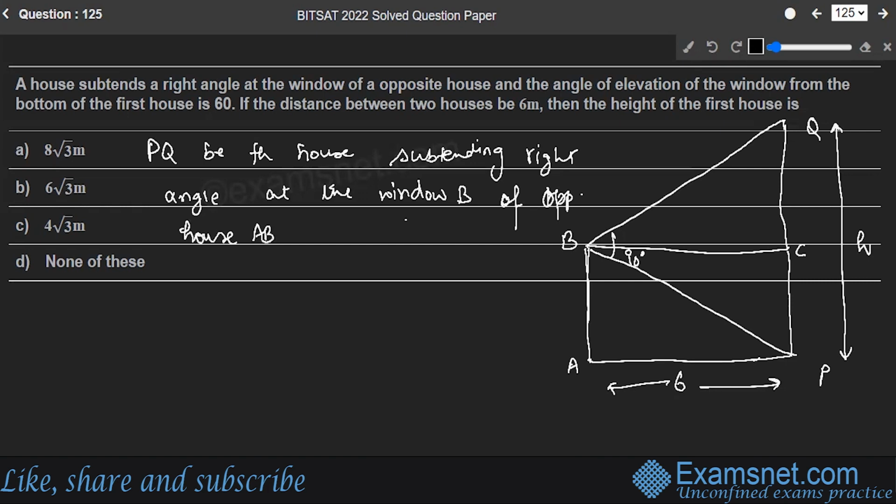So this is your opposite house, and PQ is subtending a 90-degree angle over here. Hope you're clear with this. AP is equal to 6 and let's say PQ is equal to H.